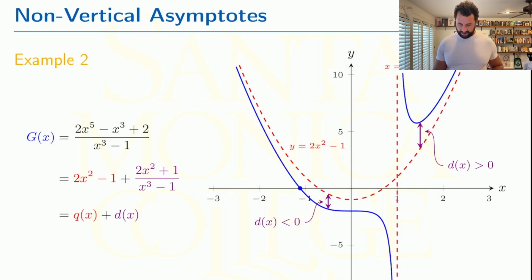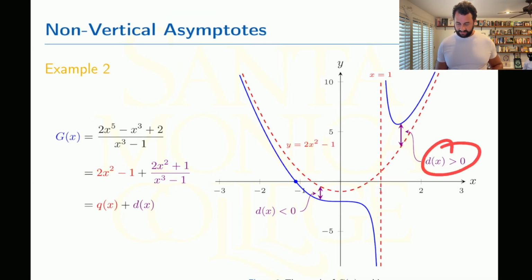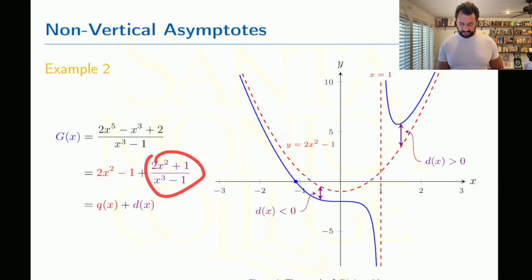Now on this side of the graph, d of x is positive. So what's happening is when we plug numbers that are greater than 1 into here, we get a positive result. That means our graph is above the asymptote. You might even be able to check yourself: plug in some number bigger than 1, maybe like 2.